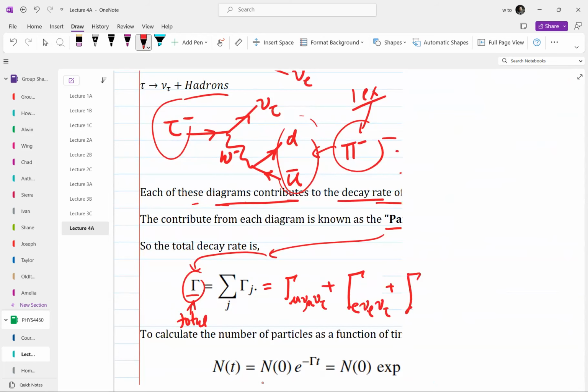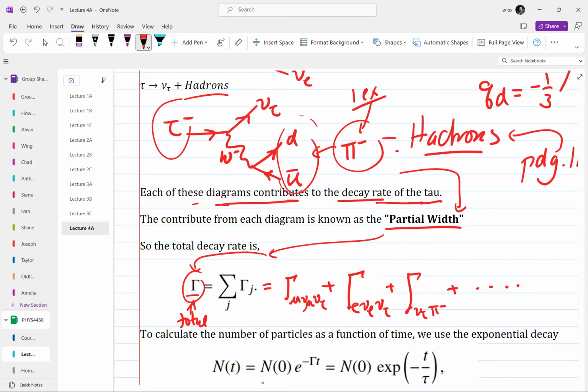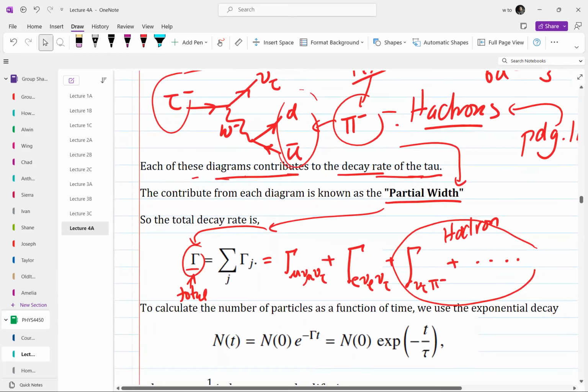Another one is the tau neutrino and the pion. There are other processes that are also possible, but they lump all of this together as just hadrons. Remember, hadrons are the stuff that has to do with quarks. Anything that's made of quarks is called a hadron.